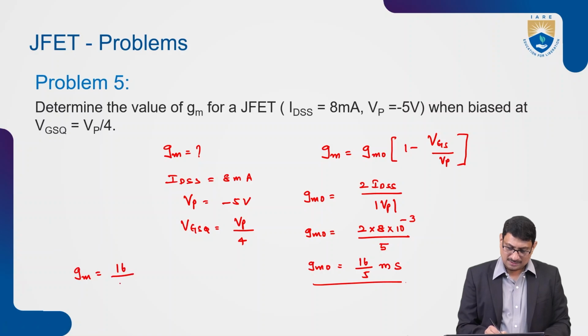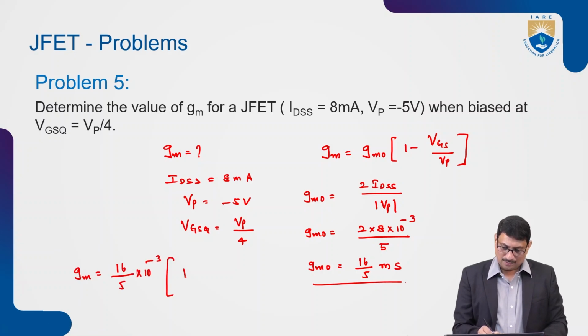Therefore, GM equal to GM naught, 16 by 5 into 10 power minus 3, into 1 minus VGS divided by VP, where VGS is given as VP divided by 4.